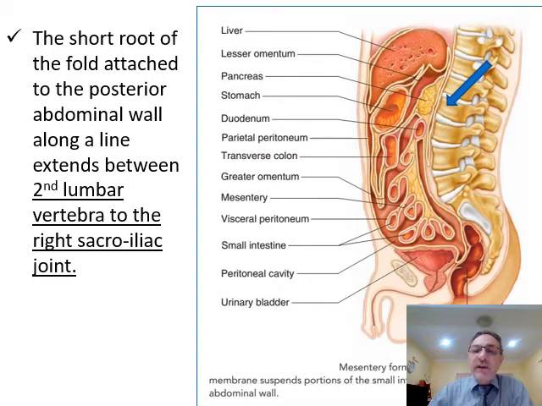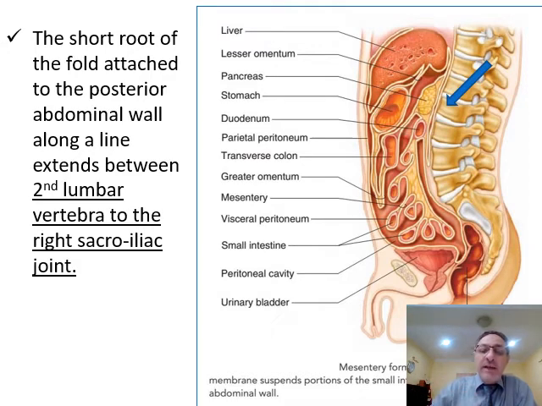Here, this is the second lumbar vertebra. So this is the line of attachment of the mesentery of the small intestine, down to the right sacroiliac joint. It goes along this line and then forms a fan shape.